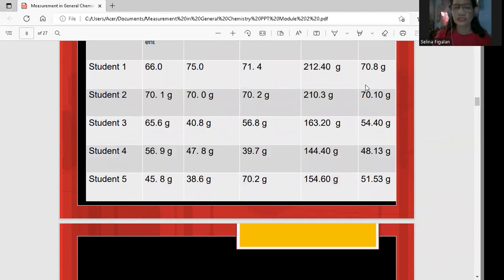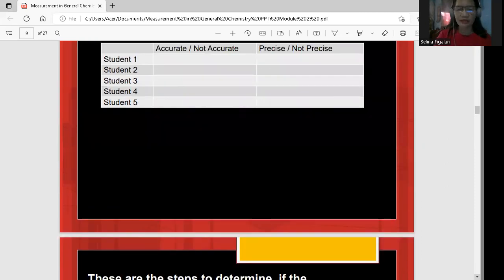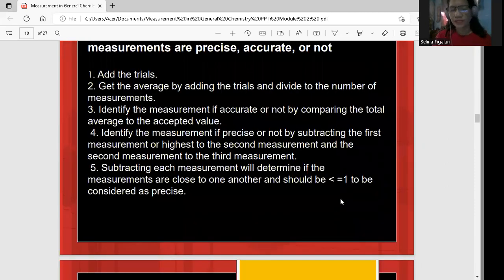Isa-subtract mo siya, then nakakuha siya ng 0.70, which is, according to the rule, ay masasabi mo siyang precise if it should be less than 1 or equal to 1, but are considered that precise. So which means pag ang kanilang difference ay more than 1, which means it is not precise.